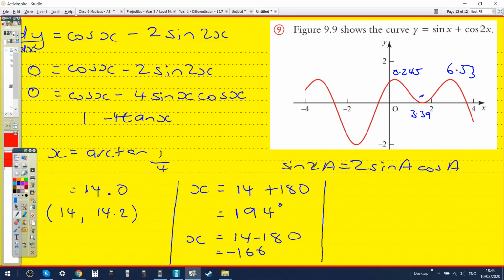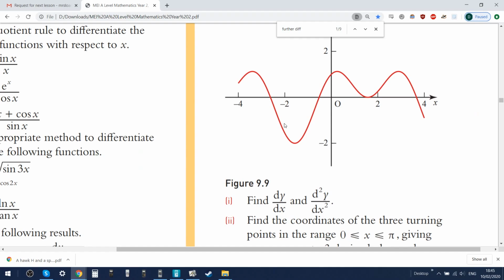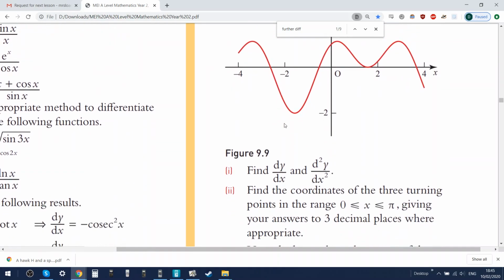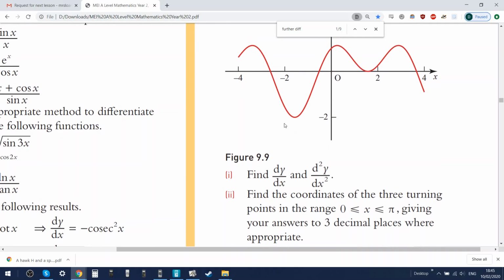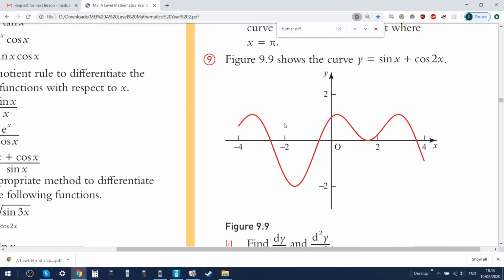Yeah, actually, hang on. No, should be fine. Let me just check. They wanted the coordinates where x is between 0 and pi. So pi is 3.14, so they're talking about those three things.